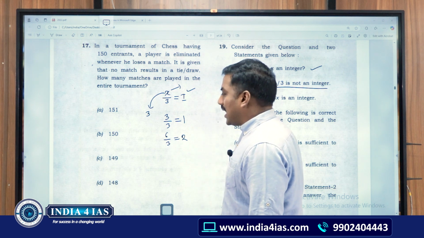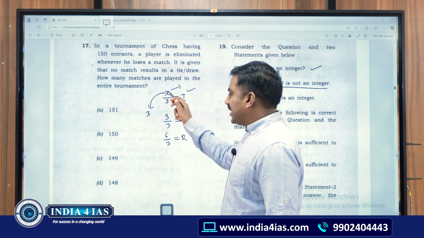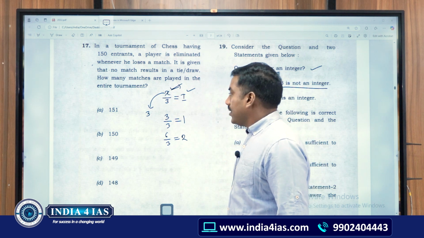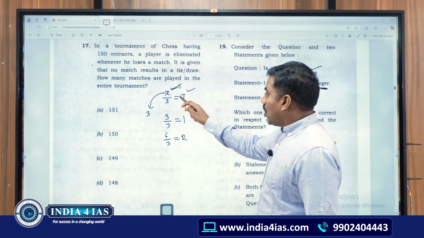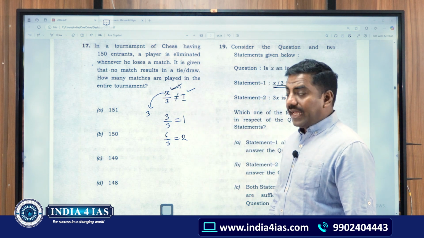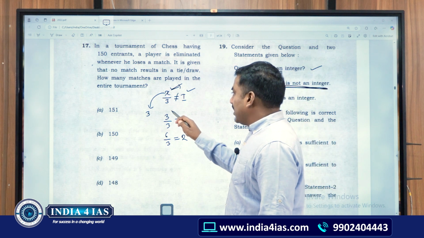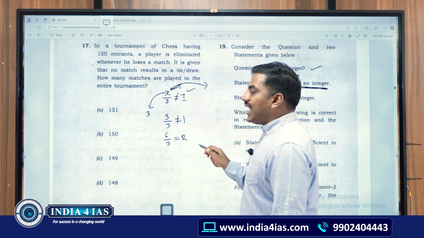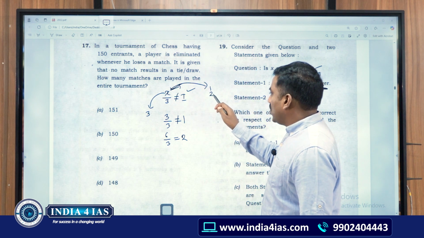So they are asking whether x is an integer, and they have given that x by 3 is not an integer. So when x by 3 is not an integer, x can take any value like 1, 2, except 3.